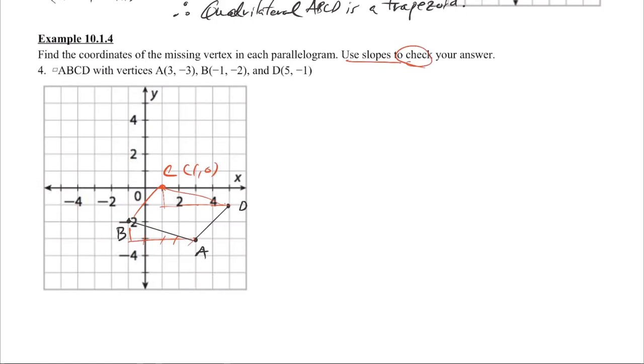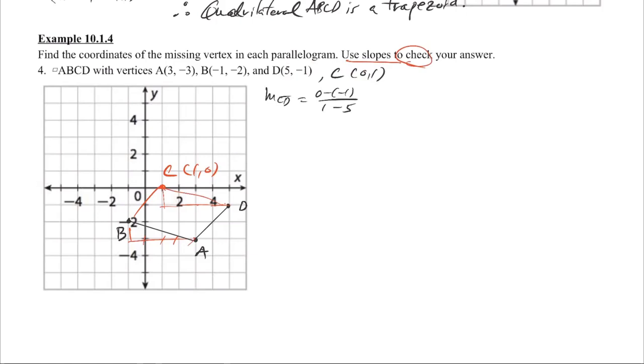So how do I check? Well, we know that both pairs of opposite sides are parallel. Okay, so what is the slope of CD? Okay, I'm going to add C is equal to 0, 1. That is right minus the left, right minus the left, right minus the left. Yeah? All right. That'll give you 0 minus minus 1 over 1 minus 5.